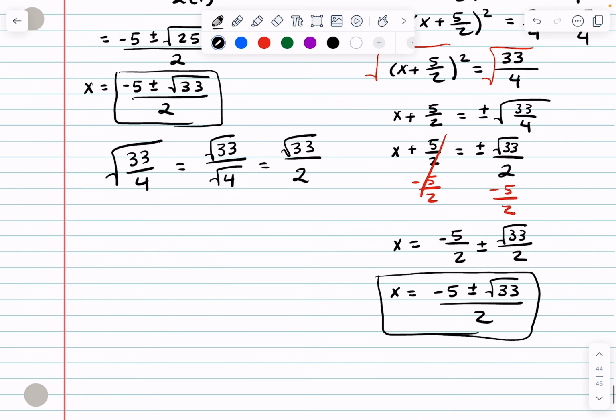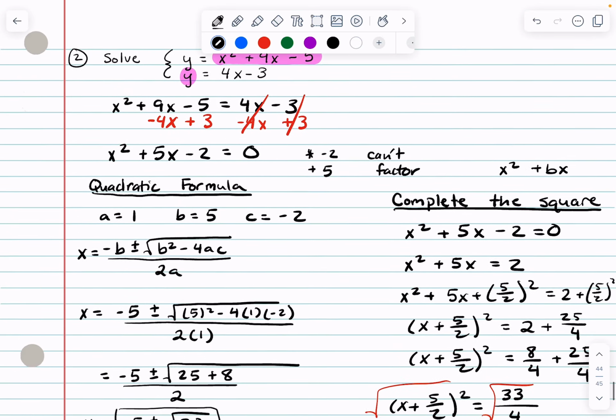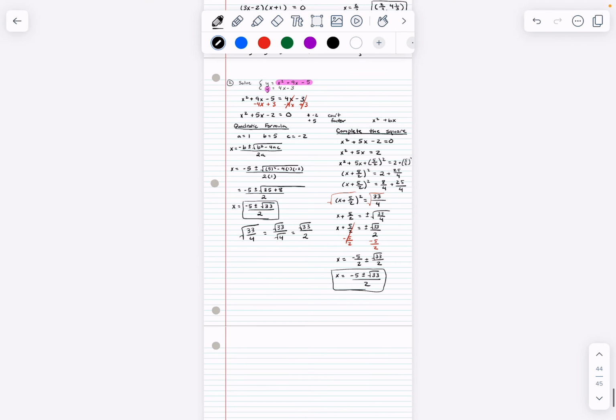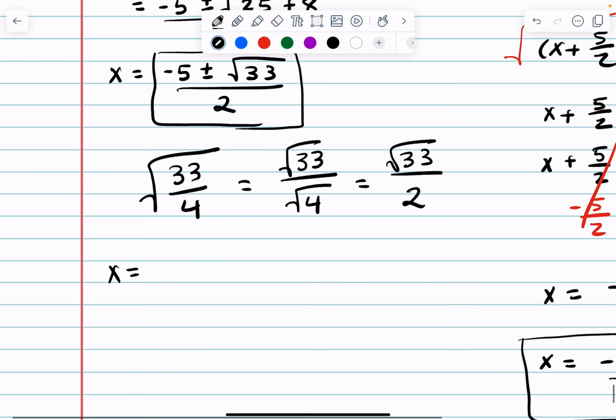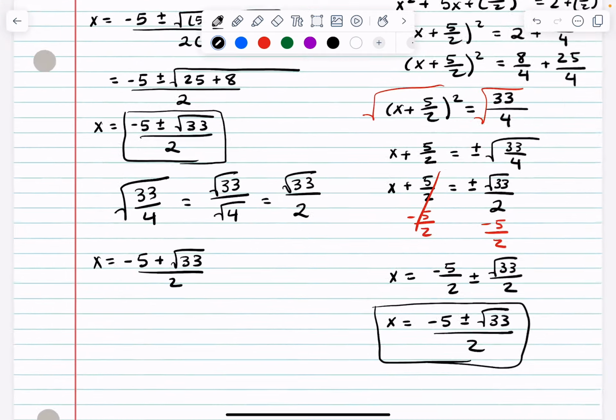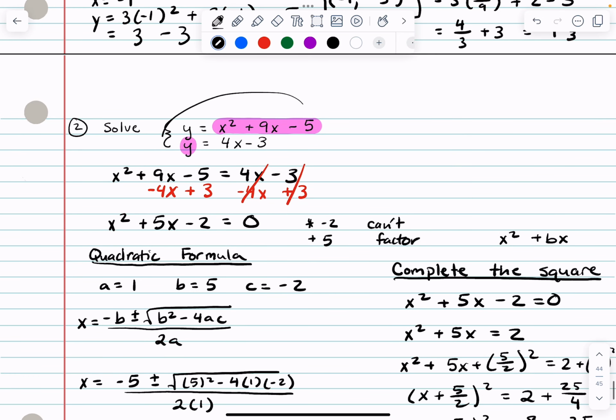And then what I would do is go ahead and we do need our y values. So to do that, we have to plug in either x is equal to -5 plus or minus the square root of 33 over 2. I'm going to do plus first. So we have -5 plus the square root of 33 over 2. And I'm going to plug that into one of my original equations.